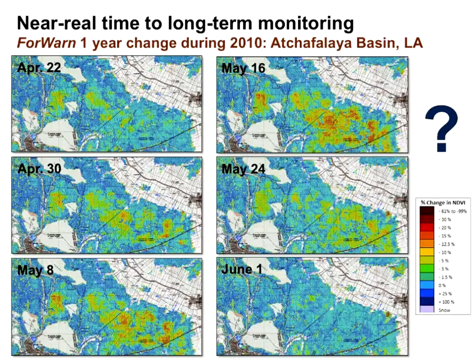And this is the wetland forest of the bottomlands of Louisiana. Might this be A, logging, B, insects, or C, wildfire, based on how it changes over these 6 weeks?